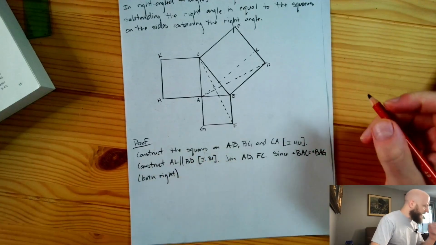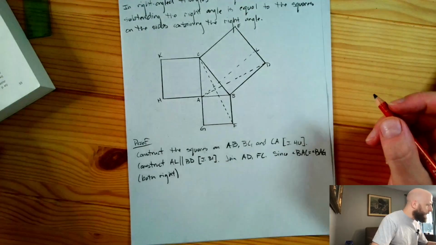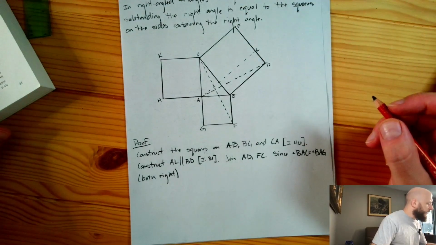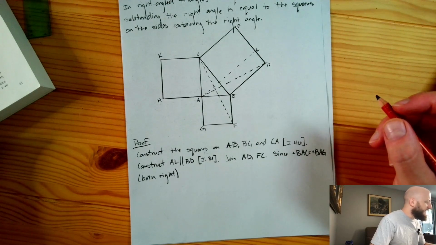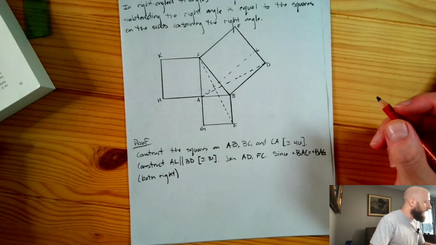It follows that with straight line BA and at the point A on it, the two straight lines AC and AG not lying on the same side make the adjacent angles equal to two right angles. Oh, it is important that they're right. Therefore, CA is in a straight line with AG.